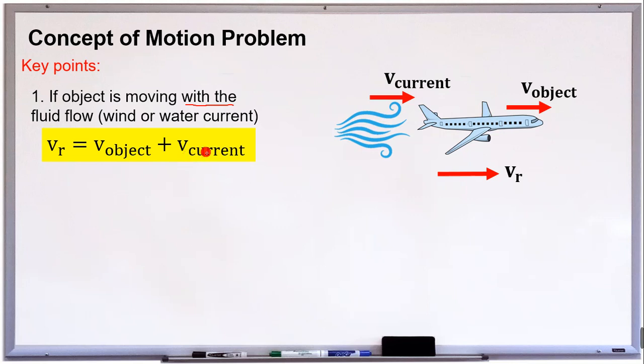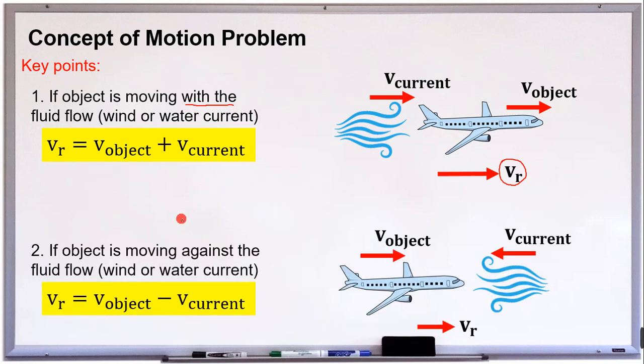Now, the resulting velocity represented by Vr is equal to the sum of the wind speed represented by V sub current and the speed of the airplane represented by V sub object. So why do we need to add this one? Because the direction of the wind speed matches the direction of the airplane.